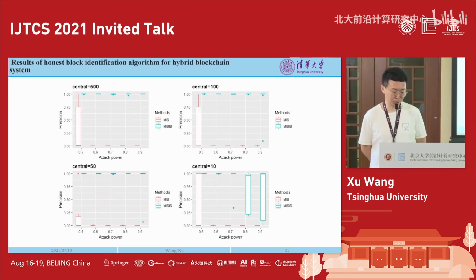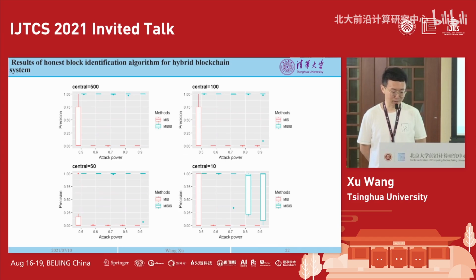Here's a figure to show the results of the honest block identification algorithm for the hybrid blockchain system. We can see that the precision of MRSS is always better than that of MRS, even if the attack power is quite strong, for example, reaching 0.7, 0.8.